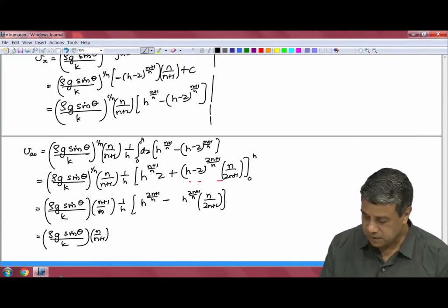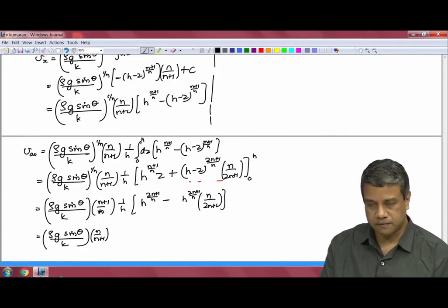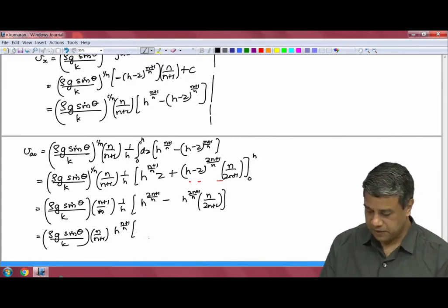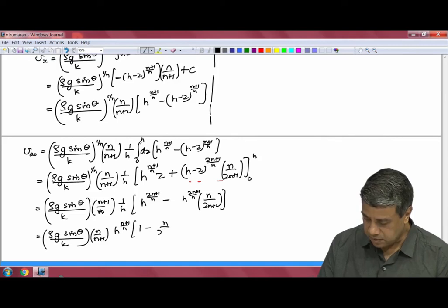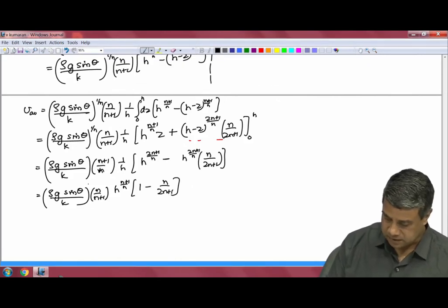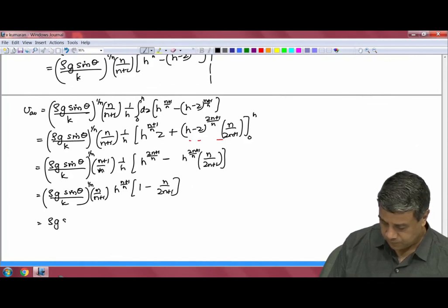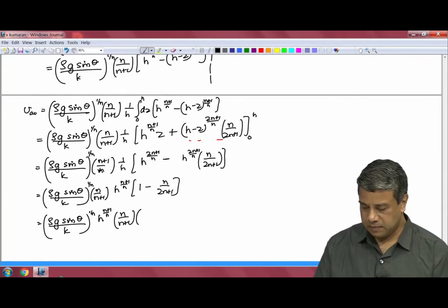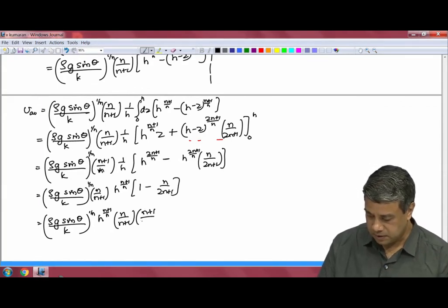I can take h to the power (2n plus 1) by n as a common factor, divide by h, and I will get h to the power (n plus 1) by n, into 1 minus n by 2n plus 1. And just a little bit more algebra: (2n plus 1 minus n) by (2n plus 1), so I get (n plus 1) by (2n plus 1).